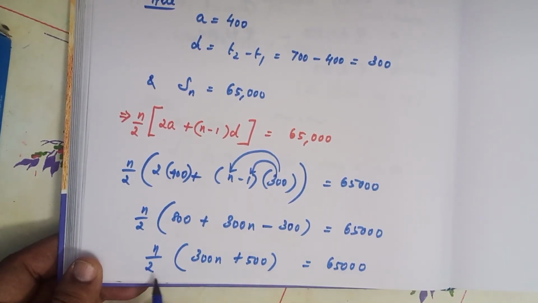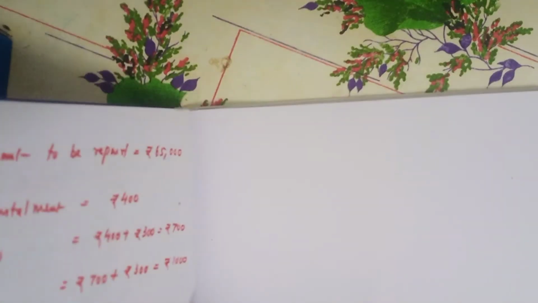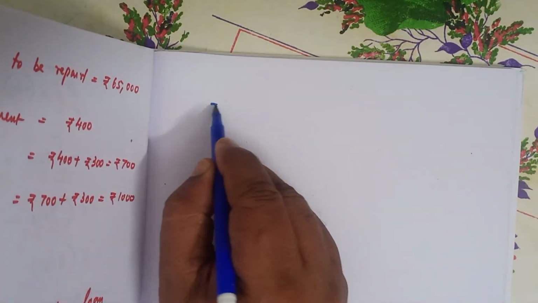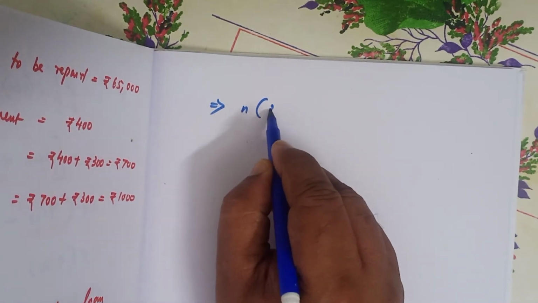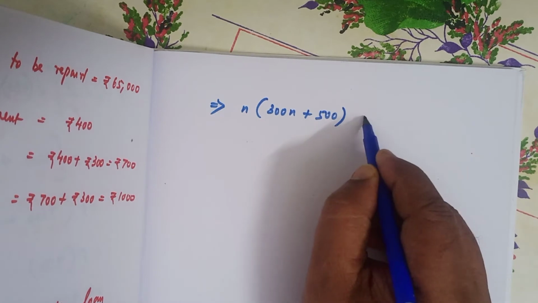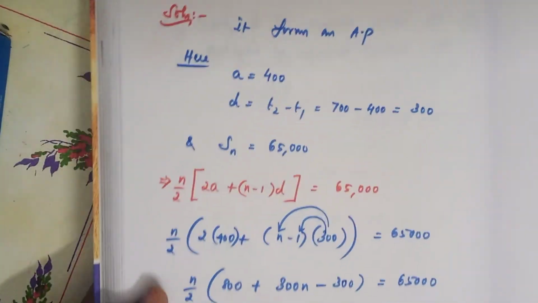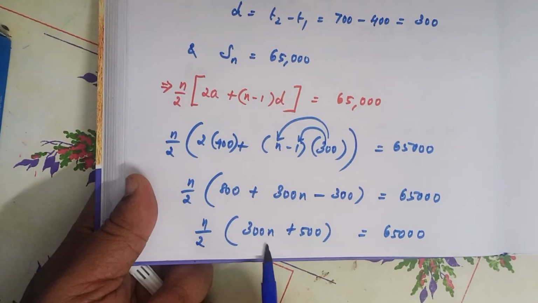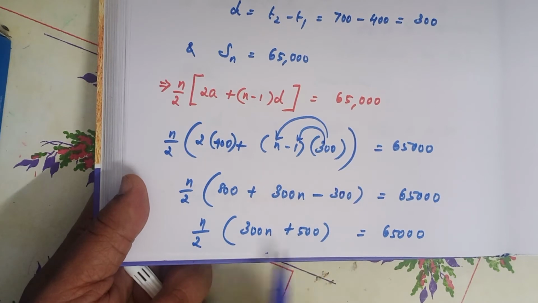Now I retain n alone on the left hand side. I cross multiply 2 and 65,000. Which implies n into 300n plus 500. Once again, n into 300n plus 500.